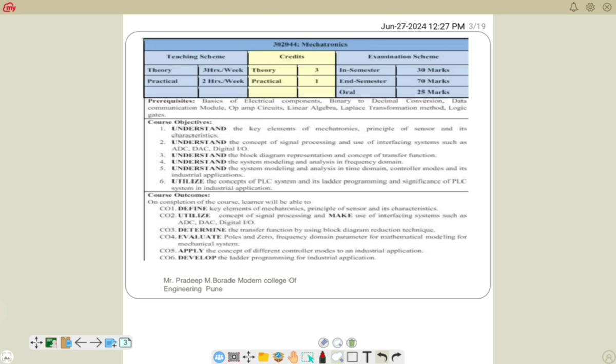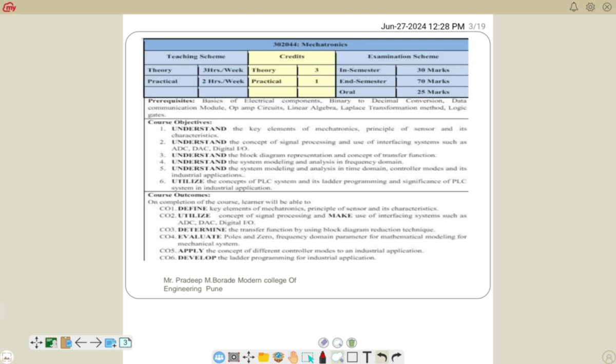Before starting this subject, the students require some prerequisites: basics of electrical components, binary to decimal conversion, data communication module, linear algebra, Laplace transformation method, and logic gates. So these are the prerequisites.